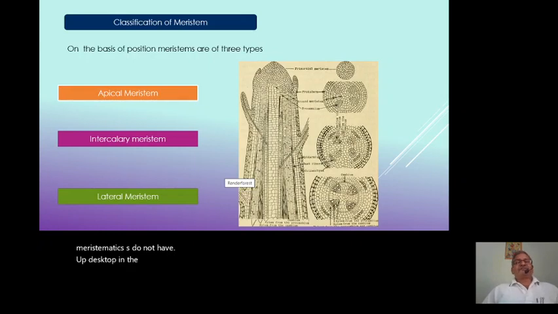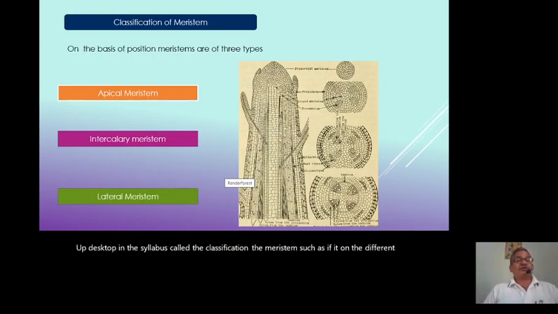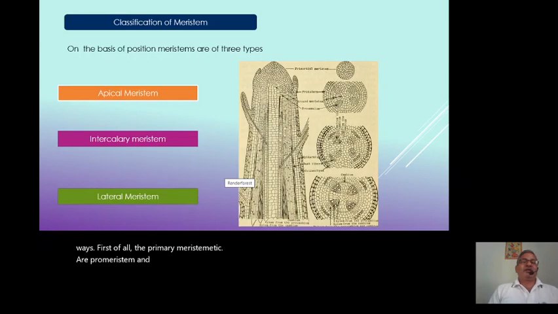In the syllabus, there is a unit called the classification of meristem. Meristems are classified in different ways. First of all, primary meristem or promeristem and secondary meristem.